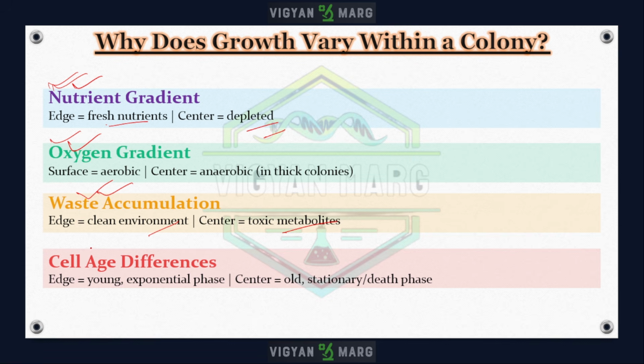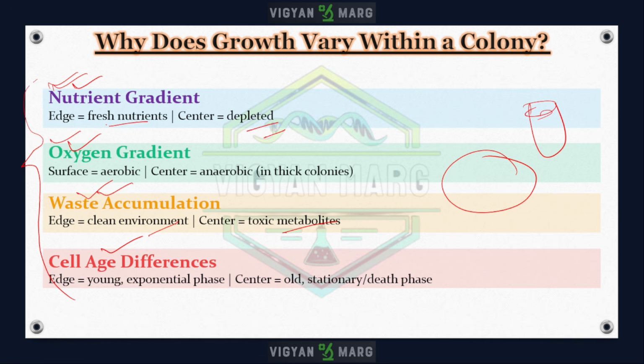Then there are cell age differences. The cells present on the edge are younger and often grow exponentially, while cells in the center are older, frequently in stationary phase or death phase.